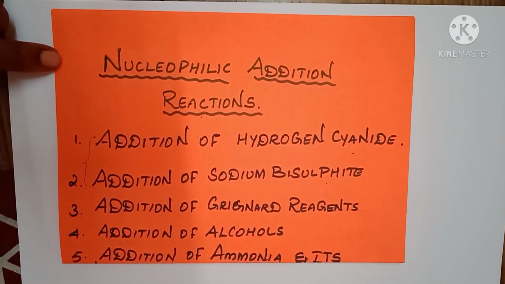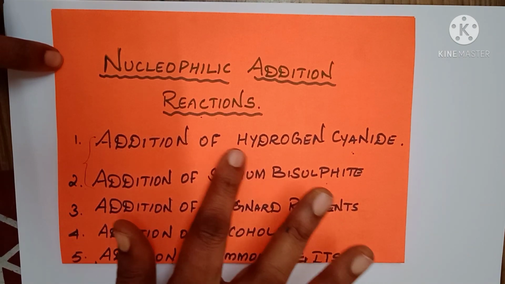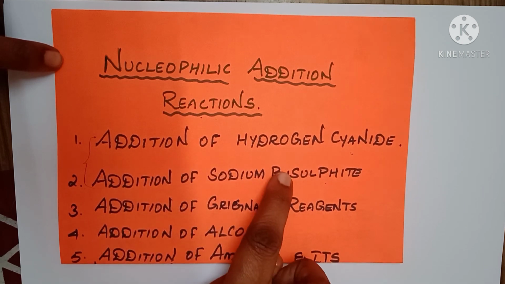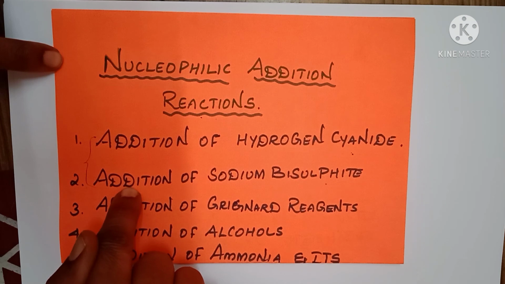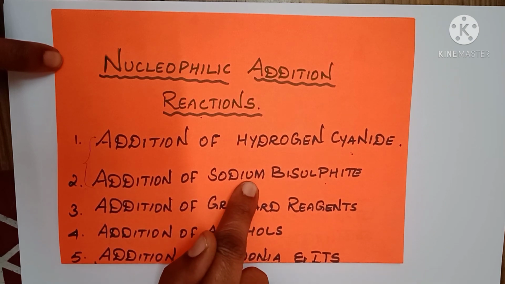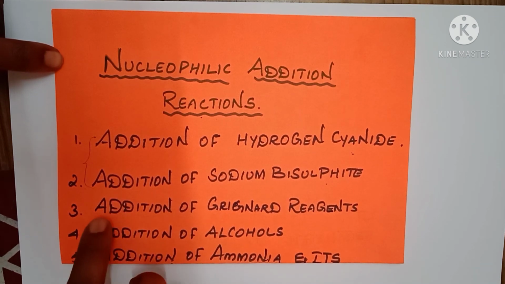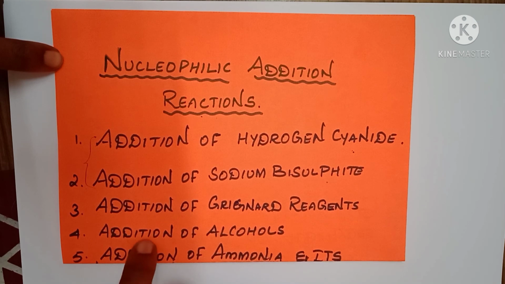So, just a recap once again. In this nucleophilic addition reaction, the first thing we have seen is hydrogen cyanide, how it gets the nucleophile attack. Second, protonation. The same steps follow for sodium bisulfite, that is also another reaction. Third, we have seen the Grignard reagent. Fourth, addition with alcohol.